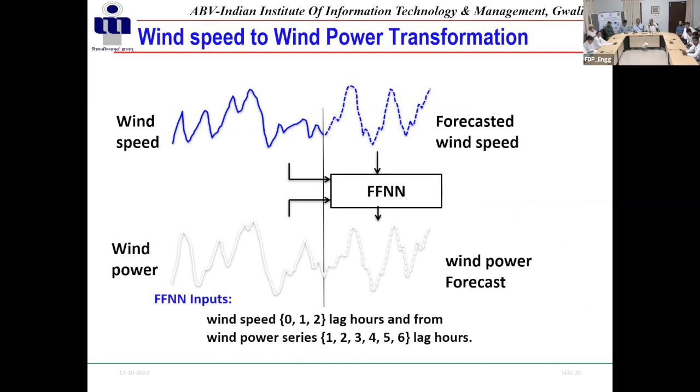The wind forecast also I did for that particular hour. That forecast is the input of the FNN, along with the past data, on the left hand side, power and wind. Those are available with me, and then the forecasted wind speed comes in and gives the wind power output. So this is improving my output further.